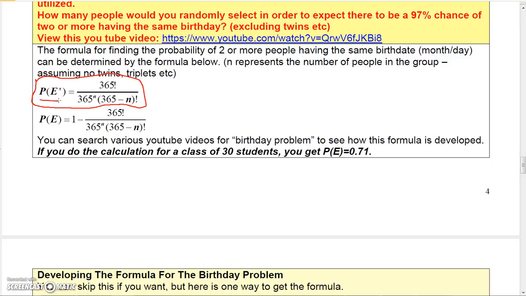So if E is the event of 2 or more having the same birthday, then E prime would be the event that nobody has the same birthday. Now this is based on N people, so the N just represents N people selected. Well, if you know that this is the probability of not E, then you can find the probability of E, that 2 or more have the same birthday, by subtracting that from 1.